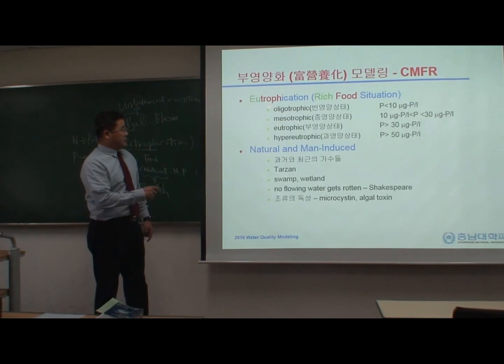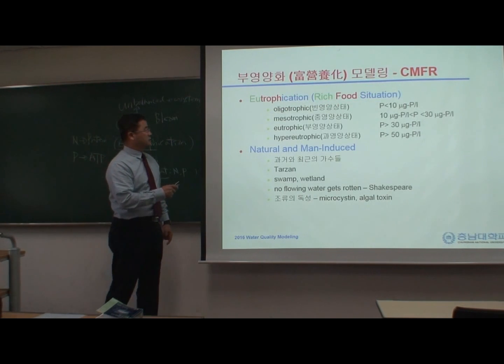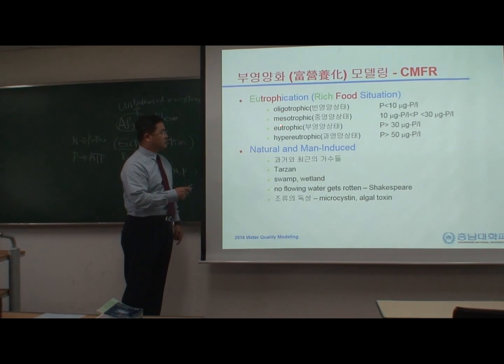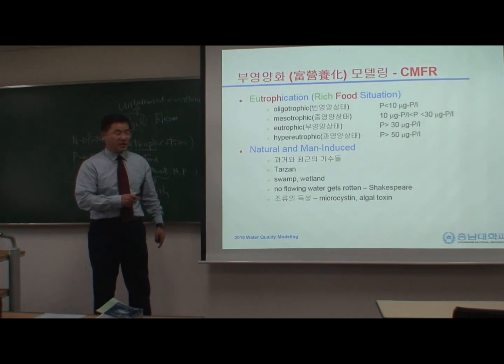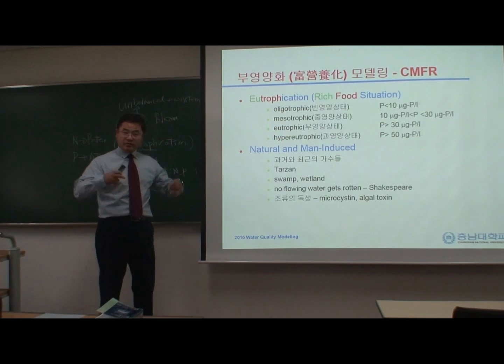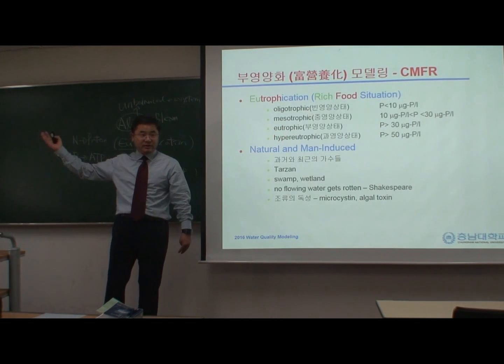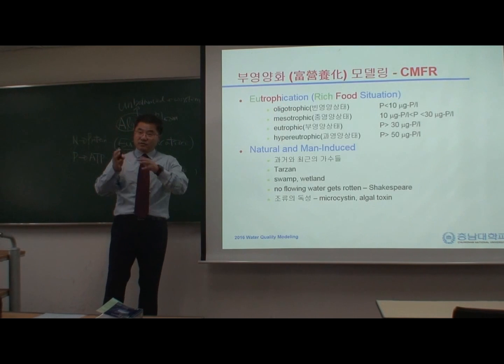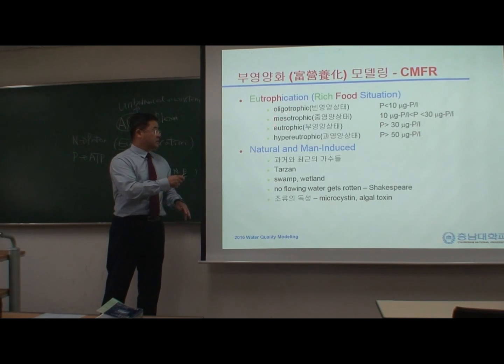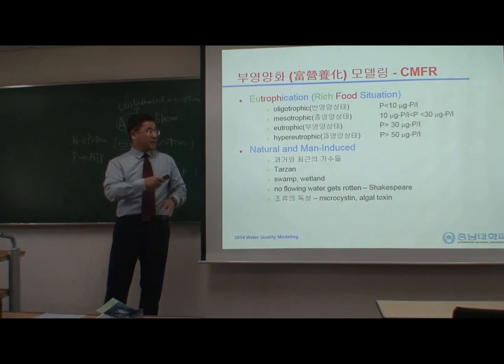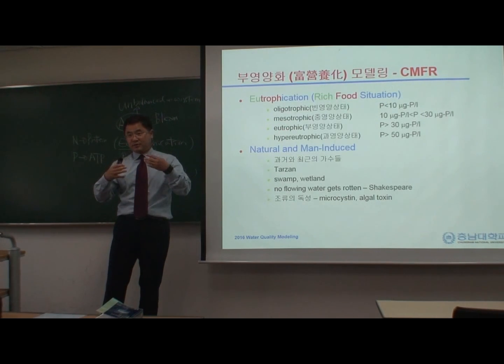So, as I said, eutrophication is a food-rich situation, and we said oligo, meso, eu, hyper. Okay, and hyper often we use that. Hyper is too much, right? And oligo is too little, and meso is something in between, and this is somewhat rich.